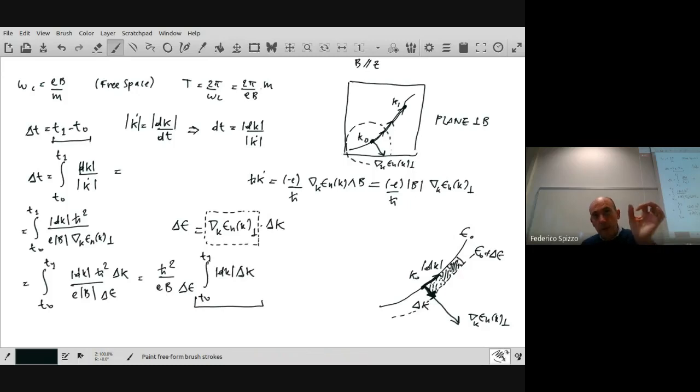So what you are evaluating is the area variation between the initial surface and the second surface. So this integral is equal to delta A, where delta A means the areal variation between one energy surface and the next, divided by delta E, that is the energy variation between the first surface and the second surface, and this is squared.